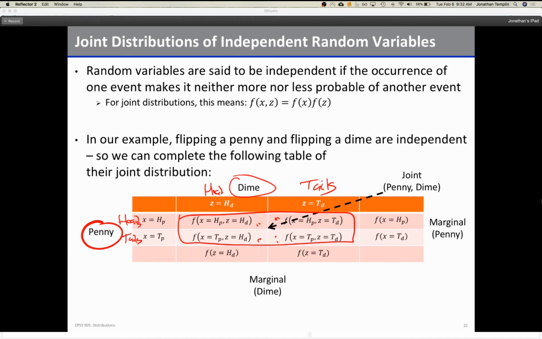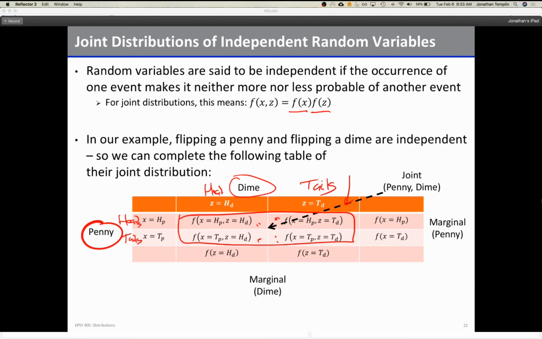The nice thing about this is if you have a penny and dime that comes straight out of your pocket, they're actually going to be independent, almost certainly going to be independent, meaning that you can describe this joint distribution solely by the product of the marginals. And think about it this way. If these are independent, there's a 50% chance I flip a head on a penny.